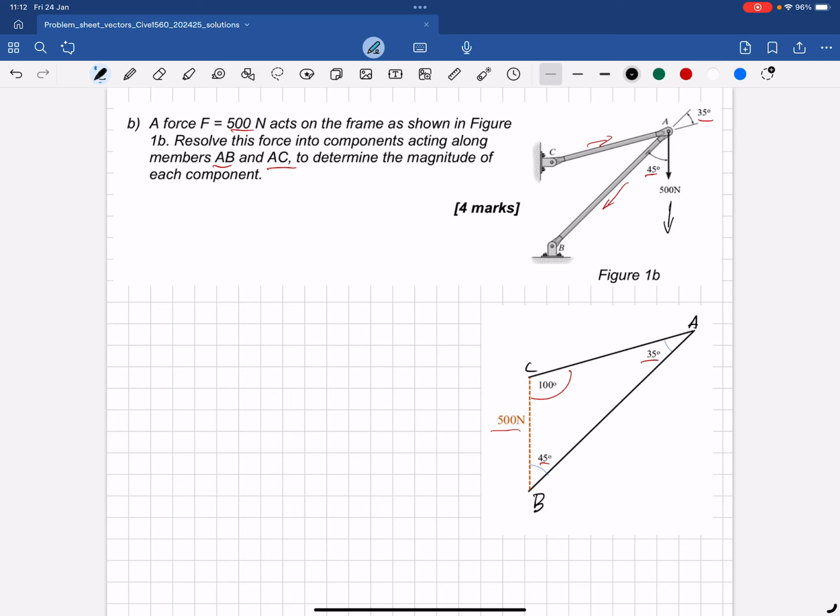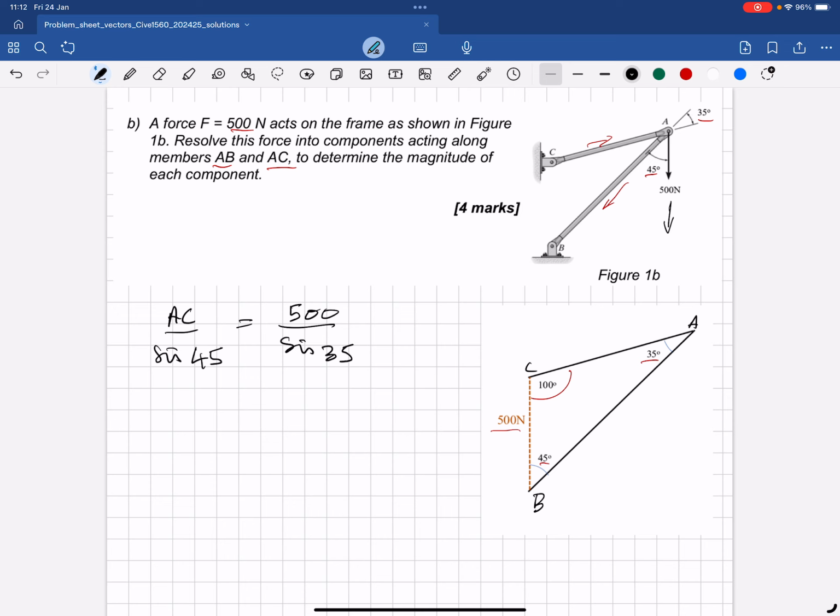So we can just use the sine rule. In this form of the sine rule, we'll use AC over sine 45 is equal to 500 over sine 35.